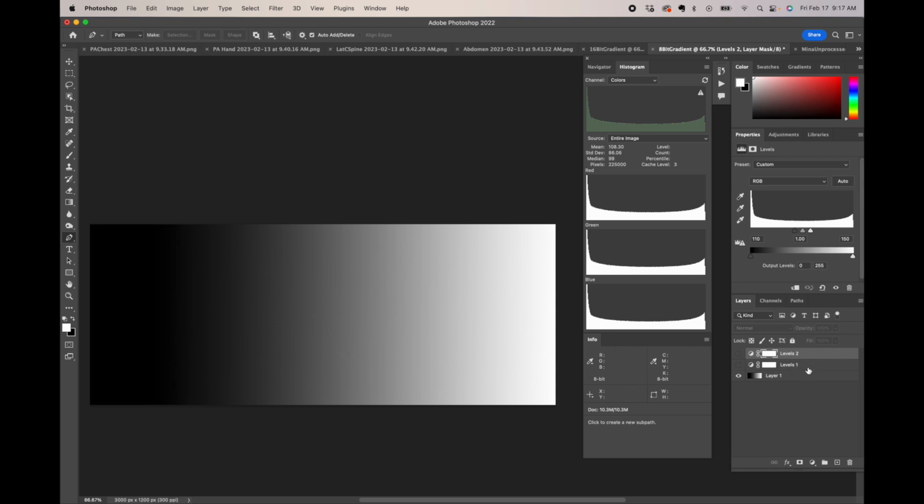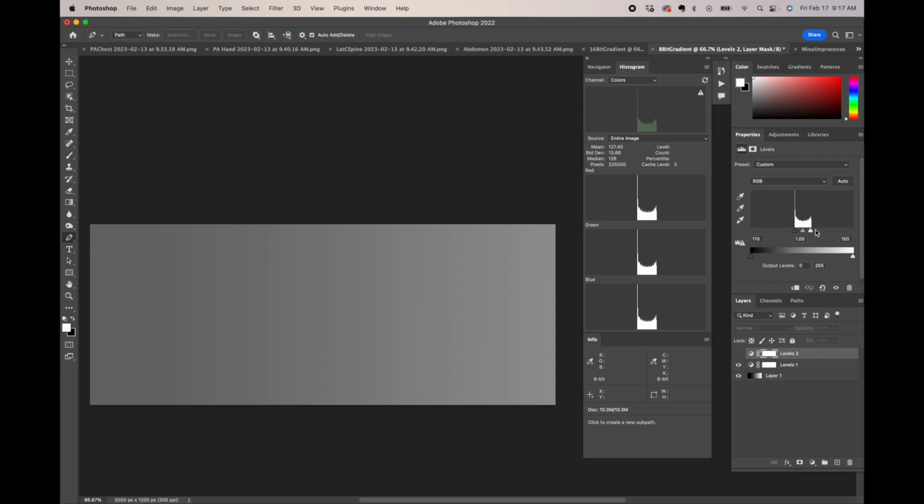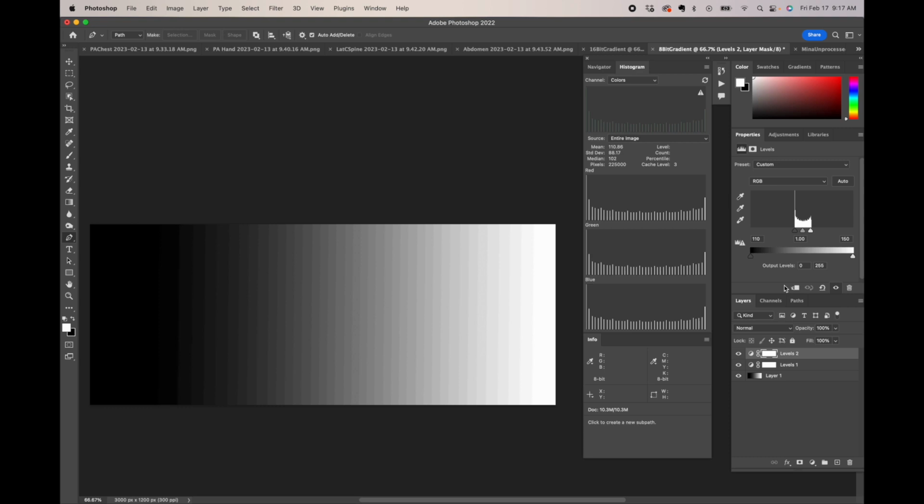And over here, I've already created the levels adjustment layers, exactly the same as I did in the 16-bit file. I just went and did it to save some time. When I turn this on, you'll see that it pops together. And when I turn both of them on here, the histogram looks the same.